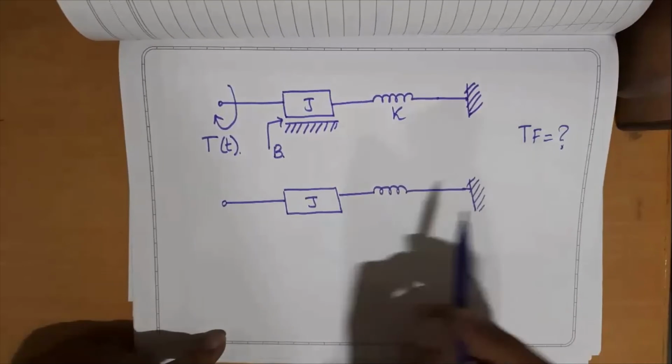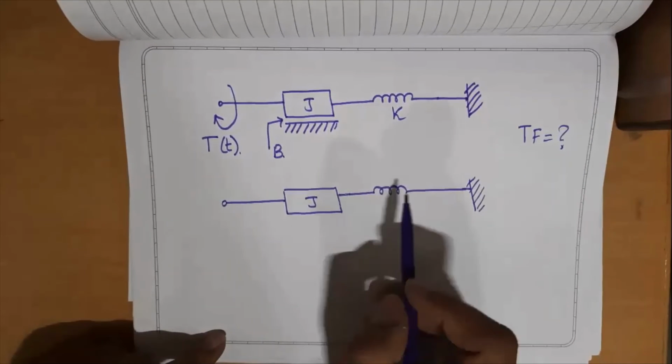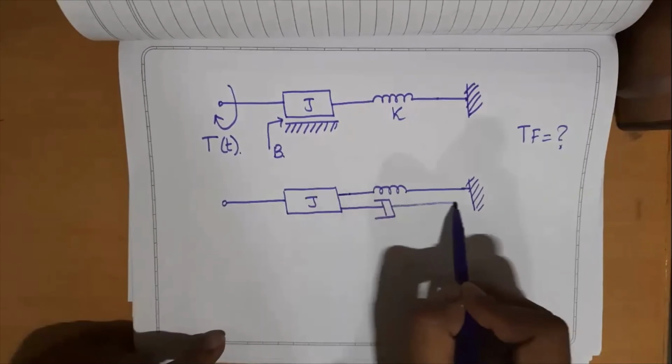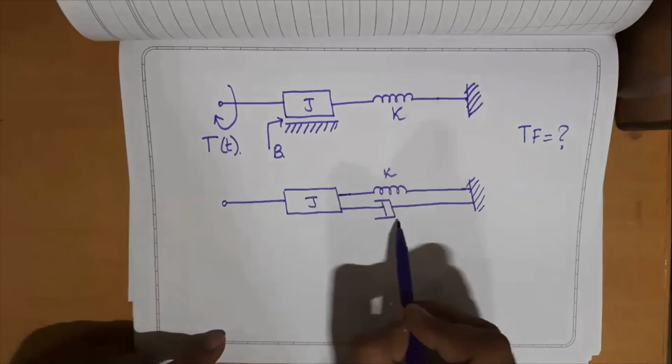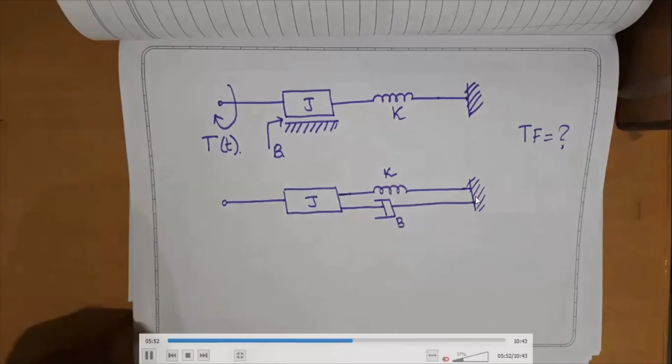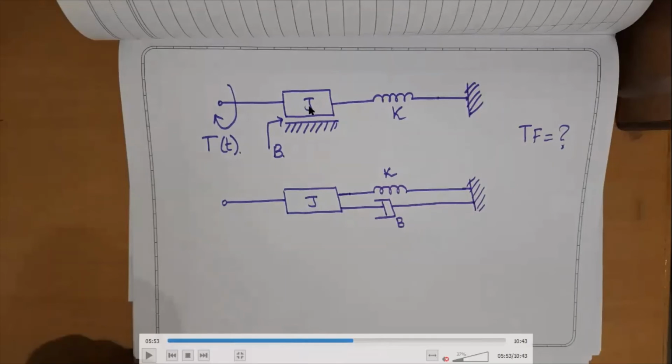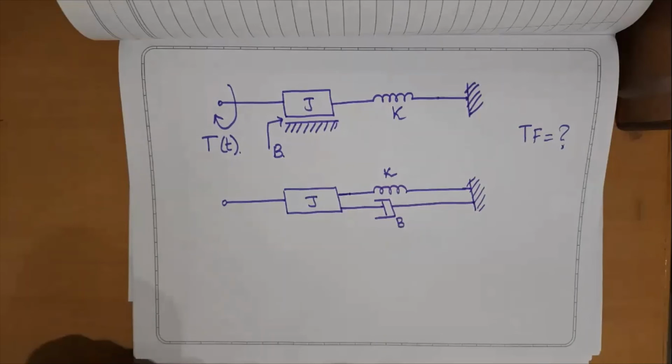So now I will redraw the same diagram in a different way. So how I can represent? So representing a damper in this way, connected to this rigid body, is as good as representing the damping effect between J and ground, or a friction effect between J and ground.